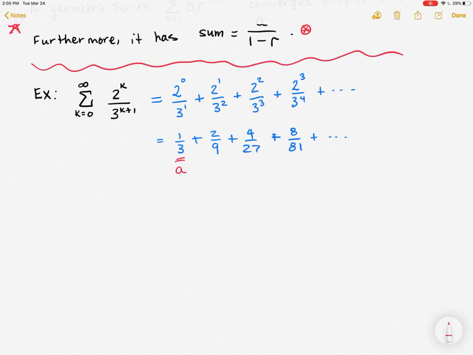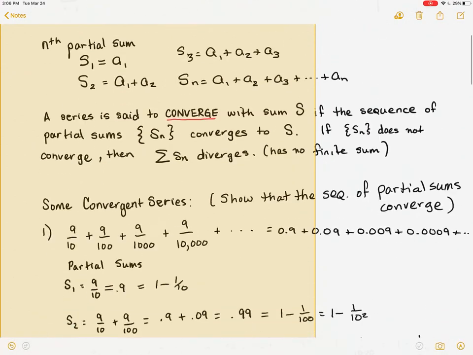That's a, that's always easy to find. But I'm multiplying it by 2 over 3 each time. 1/3 times 2/3 gives us 2/9. 2/9 times 2/3 gives us 4/27, and so on. So I have the right form of a geometric series.